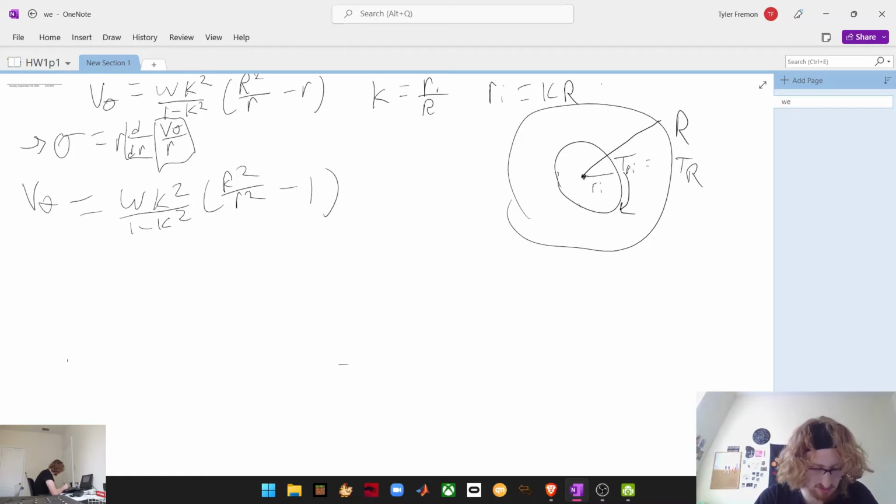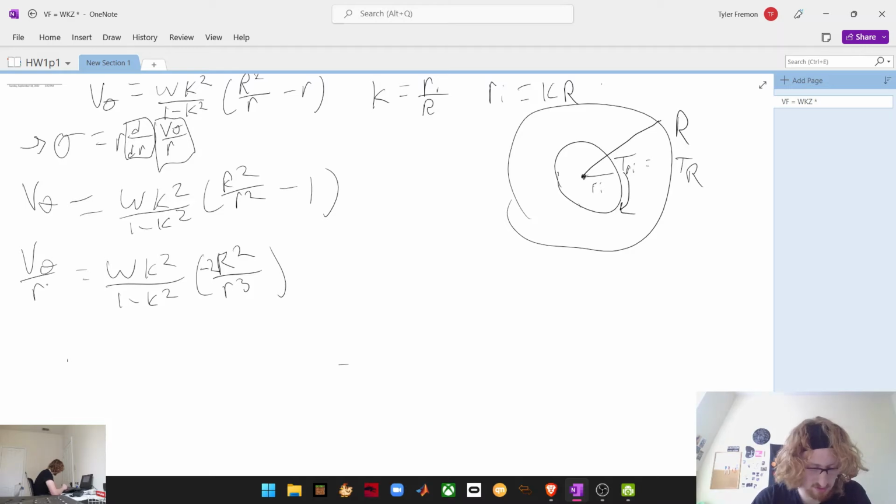And then from there, we just need to take the derivative with respect to r. So we have v theta over r equals omega k squared over 1 minus k squared. And then the derivative of a constant is obviously going to be 0, so we don't need to worry about that. And then big R squared over r to the third. We had a 2 here before, so that has to be a negative 2.